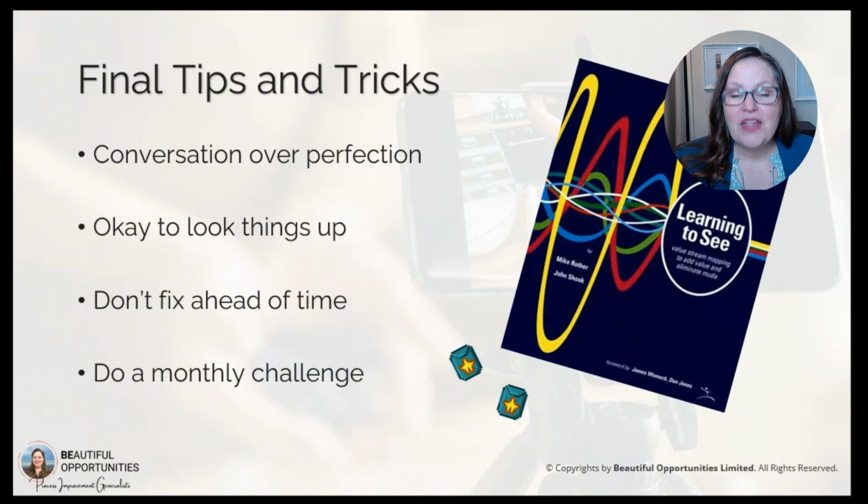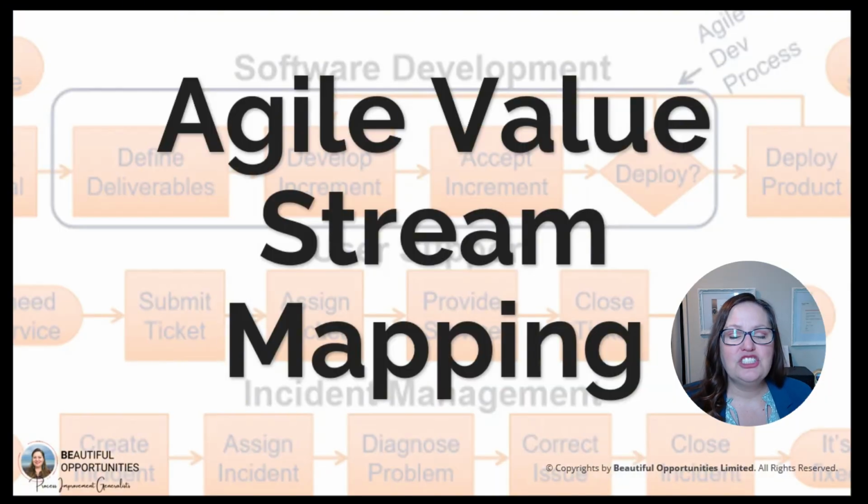Now, finally, before we go, I just want to highlight a big difference between agile value stream mapping and traditional value stream mapping. Now, it's not to say that there's not value in value stream mapping in an agile sense, but you may see out there a different approach to this that looks a little bit more like a process flow diagram.